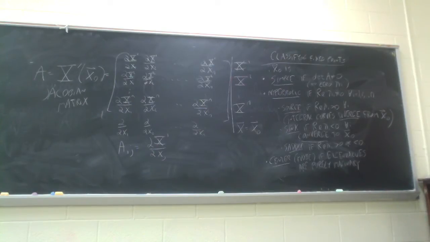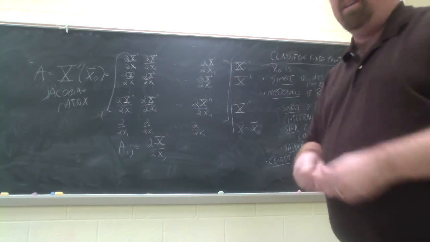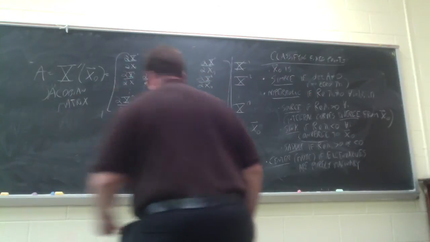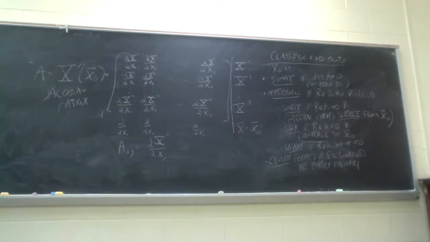Okay, so now we'll go through an example of looking at a nonlinear system, looking at its fixed points, and seeing how we can classify them. We'll start with a two-dimensional case, and then move to a three-dimensional one, where we can learn about more kinds of behavior and understanding integral curves is even better.